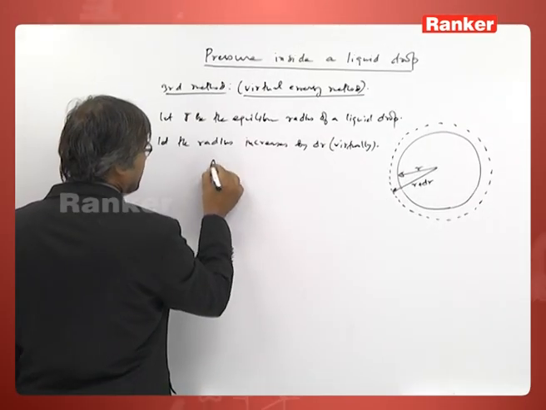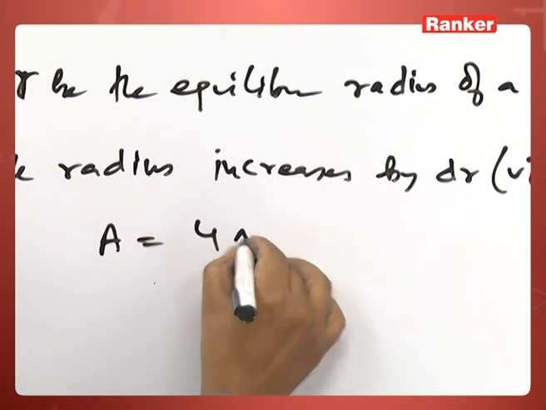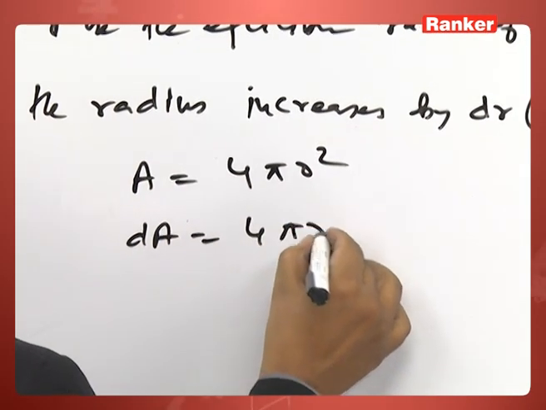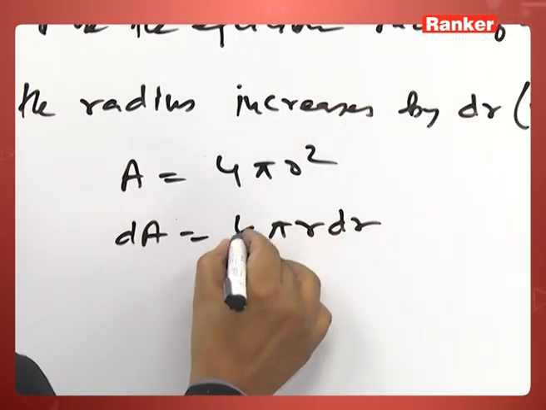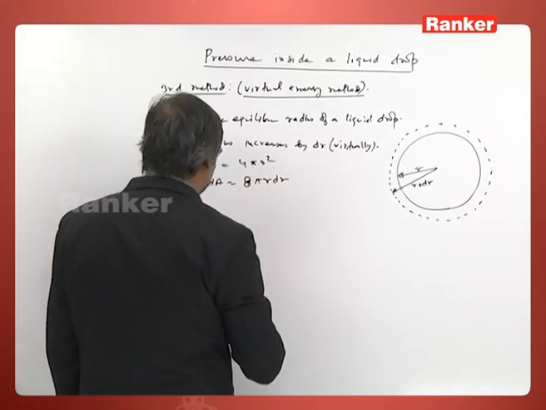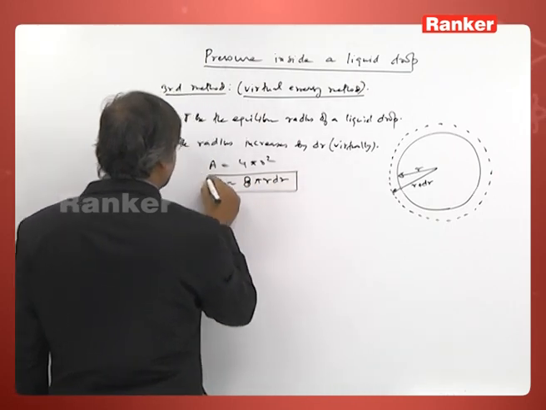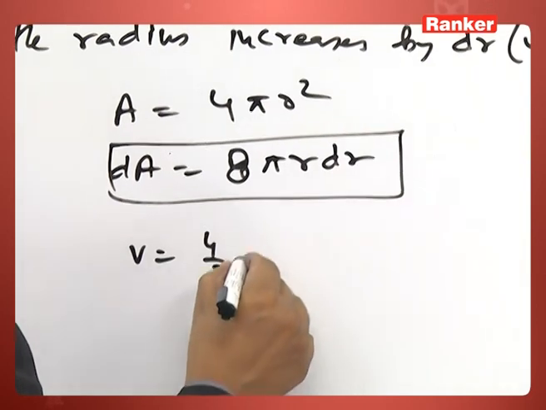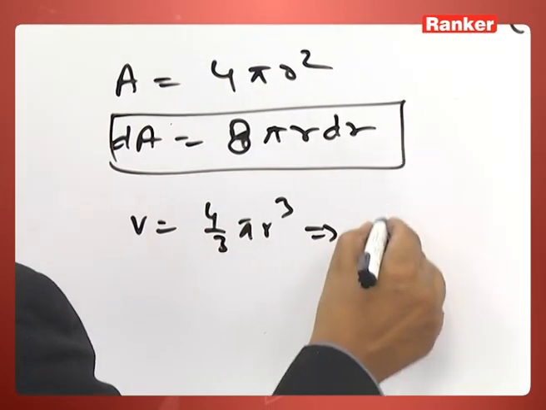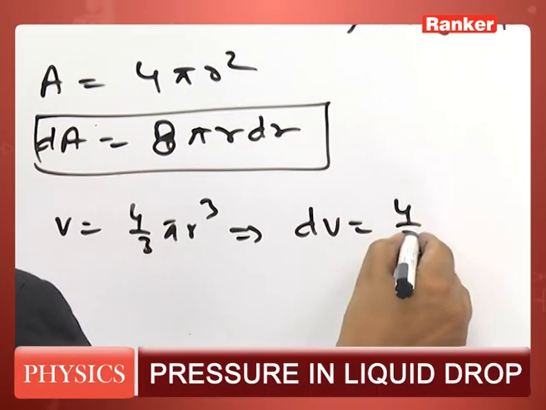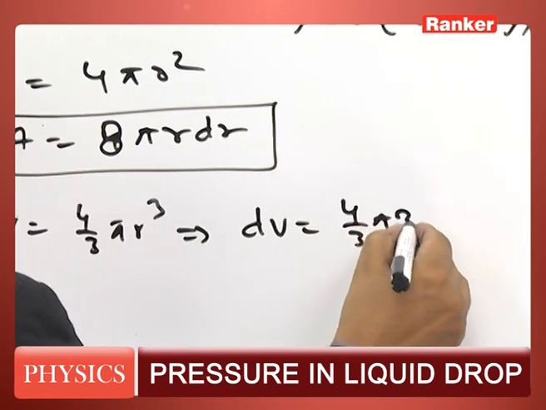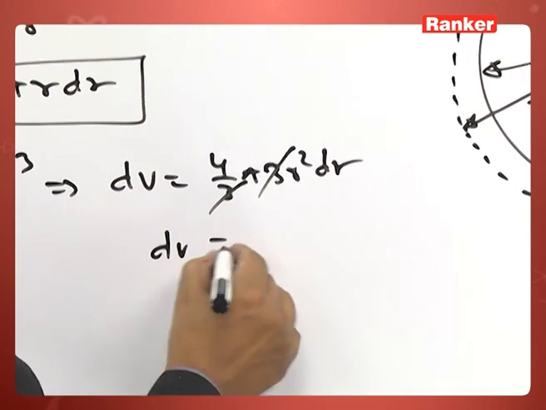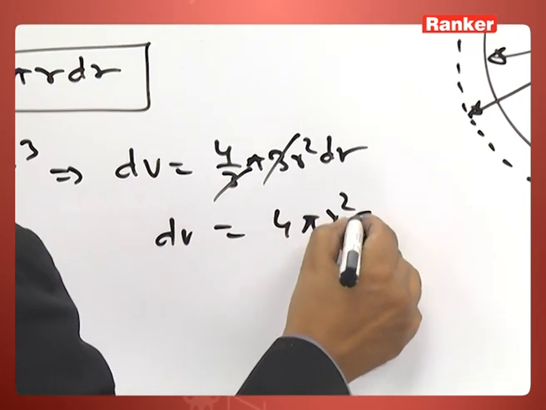The area was previously 4 pi r square, now the area change will be 4 pi r dr, and 2 will be there. So, it will become 8 pi r dr. This is the area change. Now, there will be a change in volume also. V is equal to 4 by 3 pi r cube, so the change in volume is 4 by 3 pi 3 r square dr. The 3 cancels, so we have dV is equal to 4 pi r square dr.